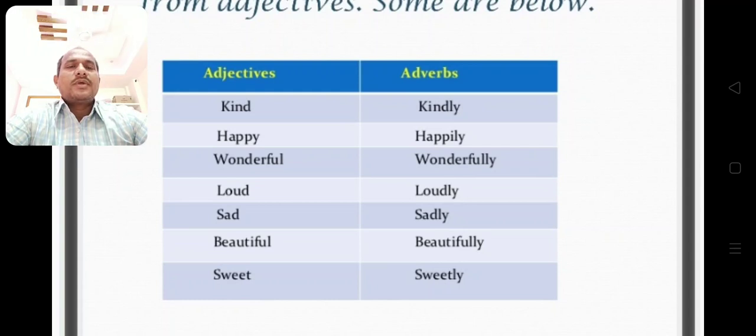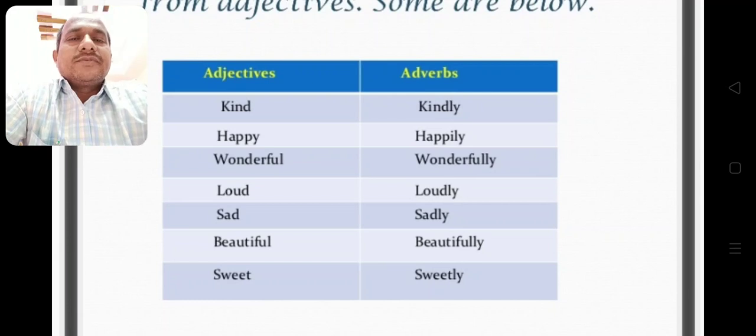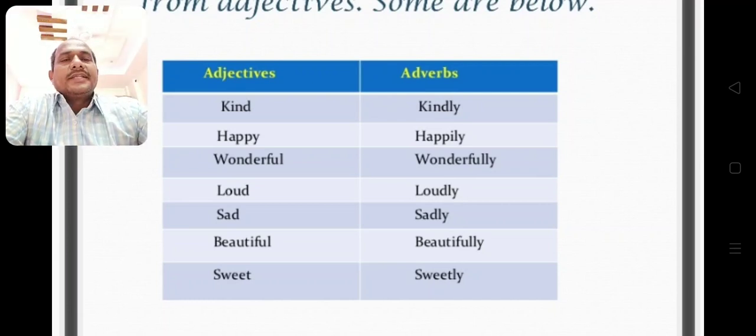Just add ly to the adjective, then it becomes an adverb. Loud, loudly. Sad, sadly. Beautiful, beautifully. Sweet, sweetly. These are the adverbs which are formed from adjectives.